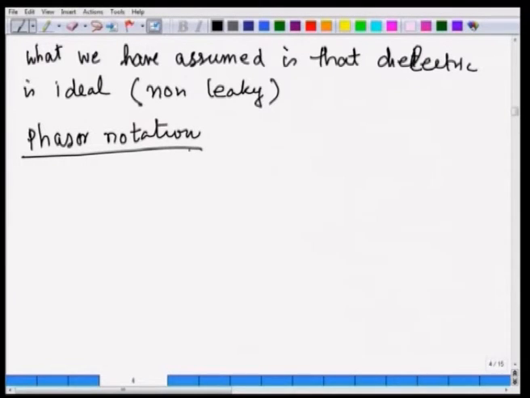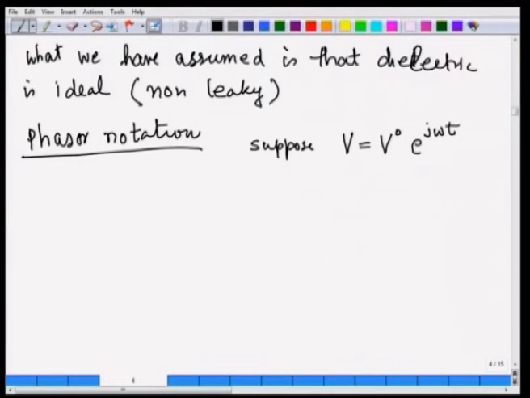This is something you would have done before also. Suppose V is the voltage that we have applied, and it is an AC field, equal to V naught, which could be a spatially dependent quantity, times e to power j omega t.